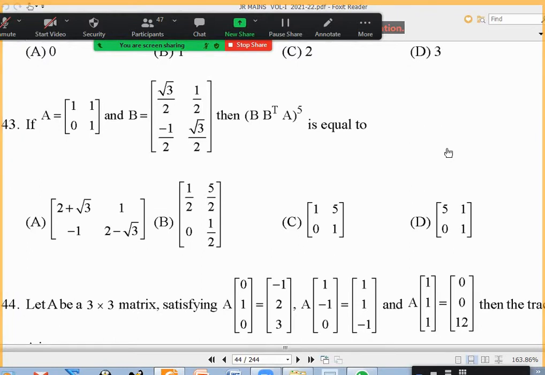Let me try to write that. Root 3 by 2, 1 by 2, minus 1 by 2, root 3 by 2, times root 3 by 2, 1 by 2, minus 1 by 2, root 3 by 2.